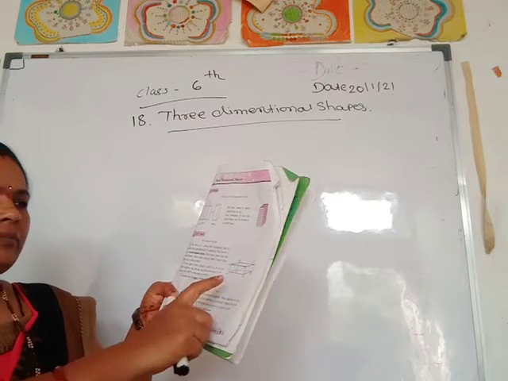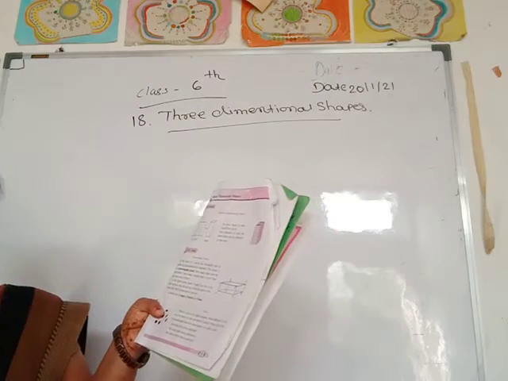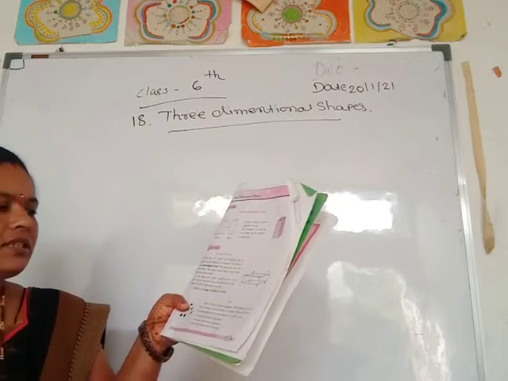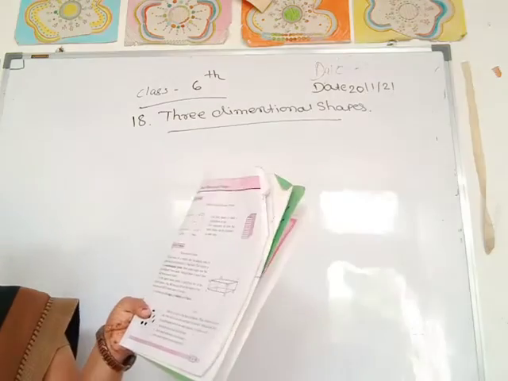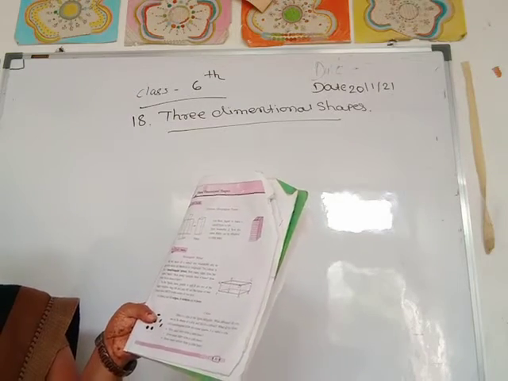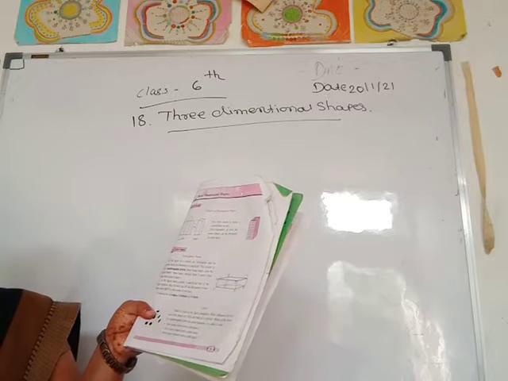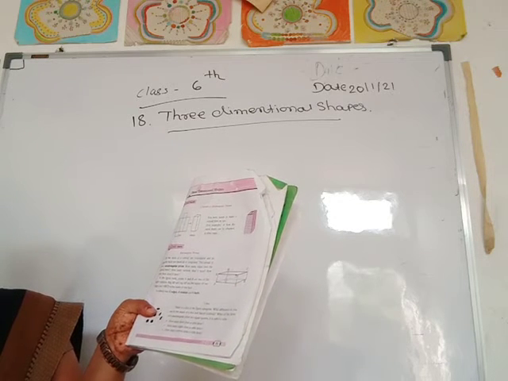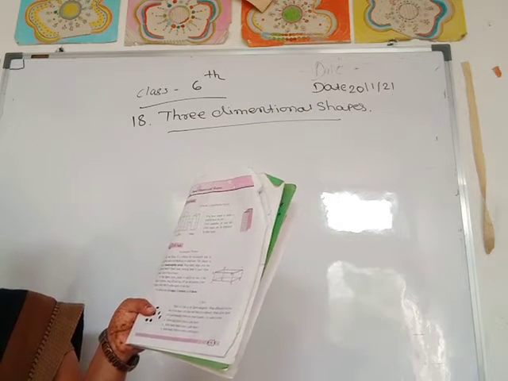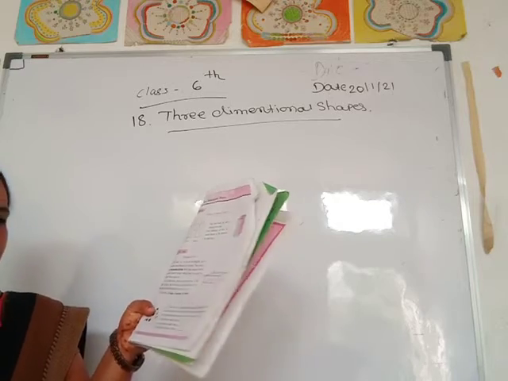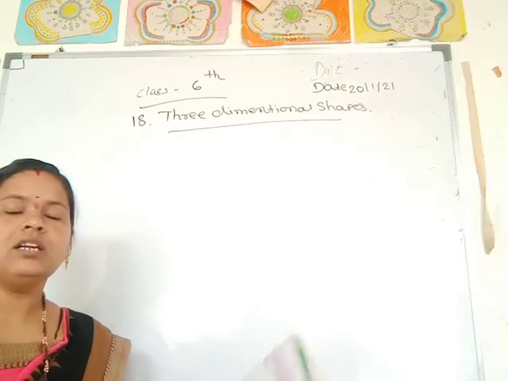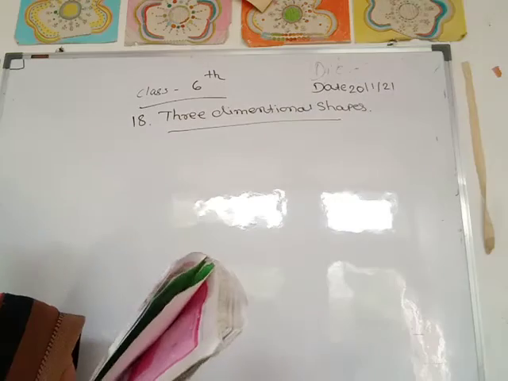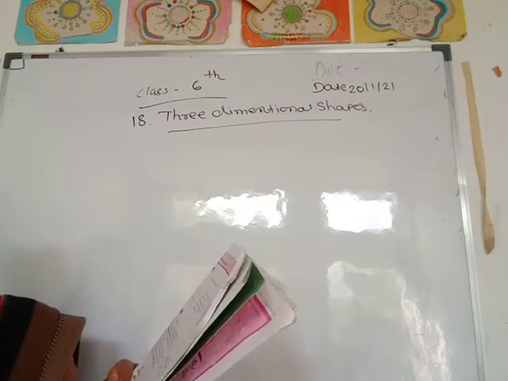Again segments AD, BC, CD, DS, CR. How many edges does a cuboid have? 12 edges. And faces? 6 faces. So a cuboid has 12 edges, 8 vertices and 6 faces.